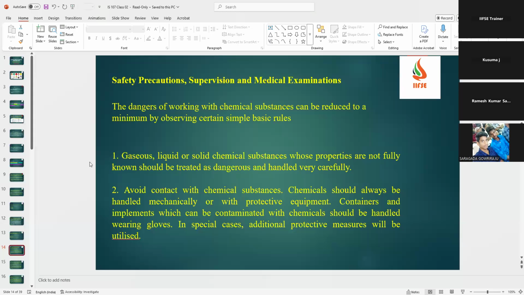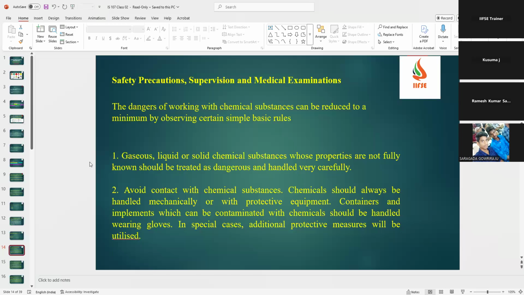Now we'll see some of the safety precautions and also supervision and medical examinations with respect to the handling of chemicals. The danger of working with chemicals and substances can be reduced to a minimum by observing certain basic rules. We'll see now some sample safety rules. By following these, we can avoid contamination, or we can avoid exposure to the chemical.